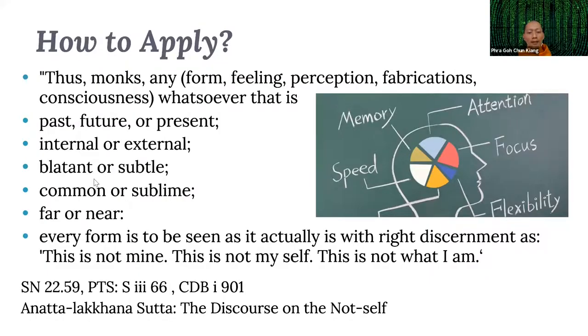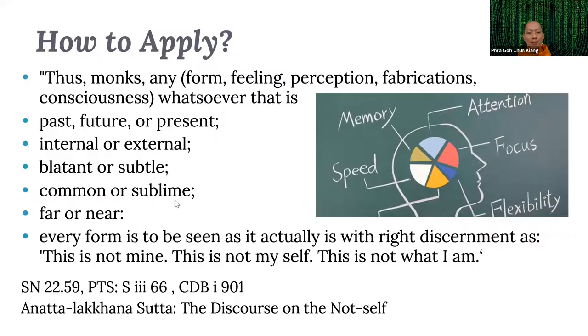And blatant or subtle. A blatant example would be our physical body. A subtle example would be our imaginary bodies, when we visualize the hairs, nails, teeth, and skin. So there's a subtle kind of form, and you have the gross kind of form.